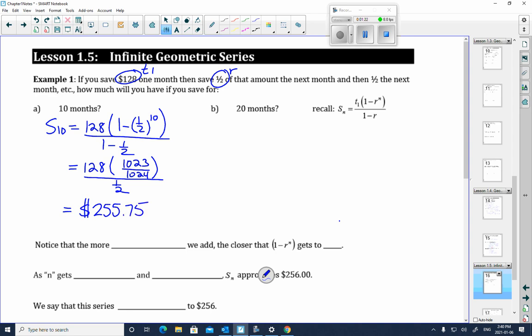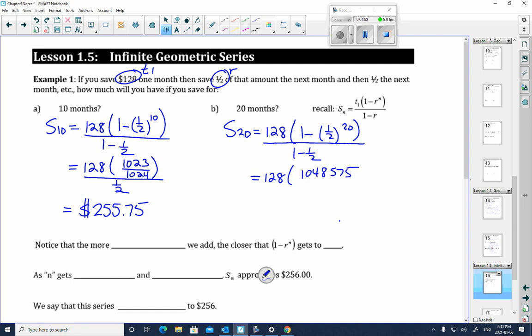Not bad. Okay, so now I'm going to do it for 20 months. So that means I'm finding S20, which is, again, first term is 128, times 1 subtract 1 half to the power of 20, divided by 1 minus a half. I'm going to do the calculator work for the bracket part. So 1 subtract 1 half all to the power of 20 would be 1,048,575 divided by 1,048,576.